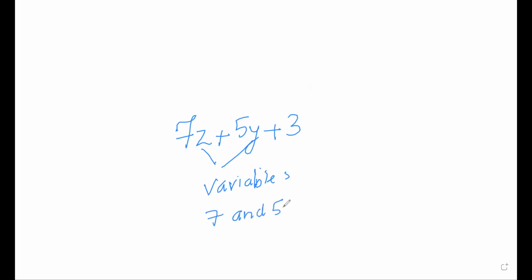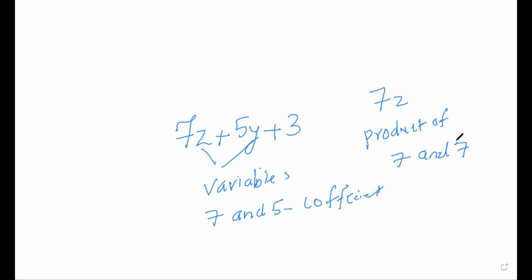7z plus 5y plus 3. So z and y are called variables. And 7 and 5 are called coefficients. And 7z means it is nothing but the product of 7 and z.